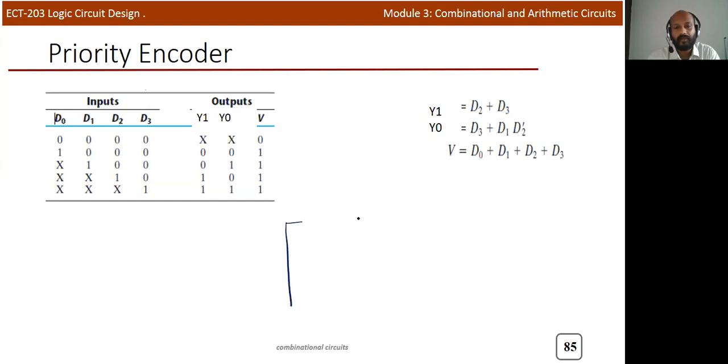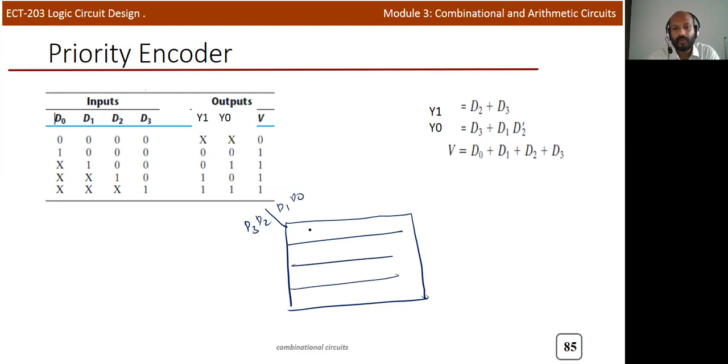So when you write the K-map, you can consider D3, D2, D1, D0, with the cells numbered 0, 1, 2, 3, 4, 5, 6, 7, 8, 9, 10, 11, 12, 13, 14, and 15.